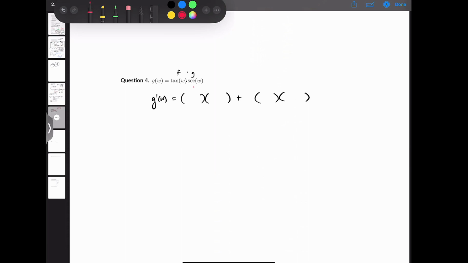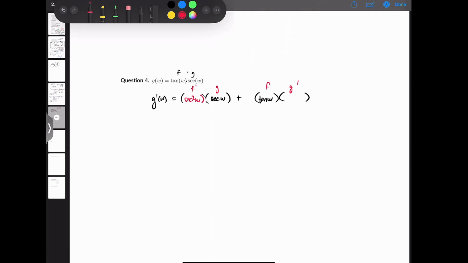So, we have f prime g plus f g prime. And so we know the derivative of both of these functions based on what we did before. Derivative of tangent is secant squared w. We know g is just secant w. F is tan w.